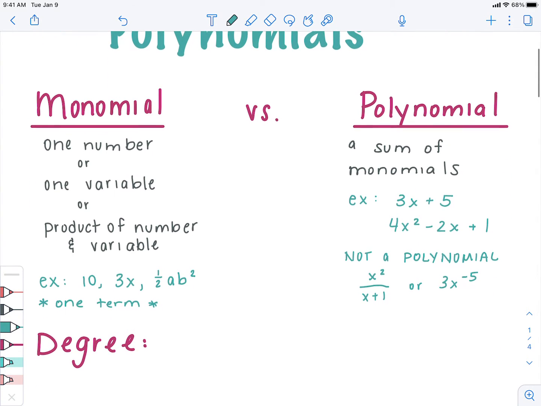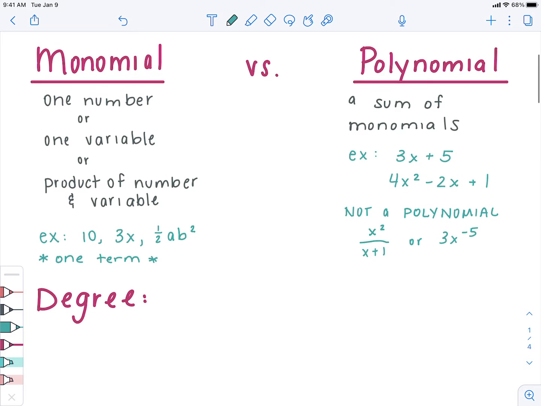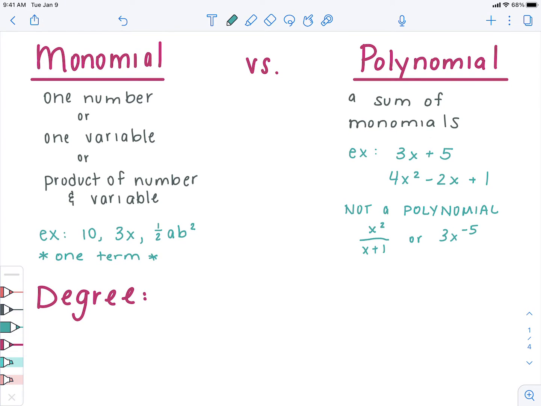So when we're talking about a polynomial or a monomial, I was saying before we like to write it in order of the biggest exponent to the smallest exponent. So when we're talking about the exponents, we have a fancy math word called the degree. And the degree is just going to be the sum of the exponents in each term, and it's going to be the biggest sum.